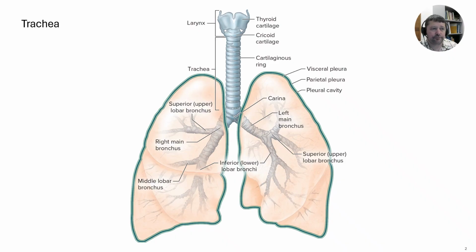So here you can kind of see just that lower region of the respiratory system. You have that larynx, which we already talked about, thyroid, cartilage, etc. And then you have this trachea. Okay, so everything that's after the larynx is related to the trachea, at least from the cartilaginous rings.